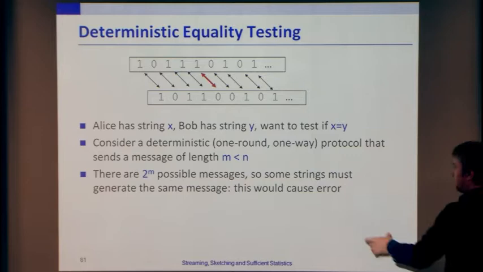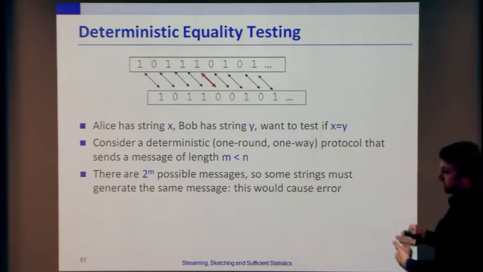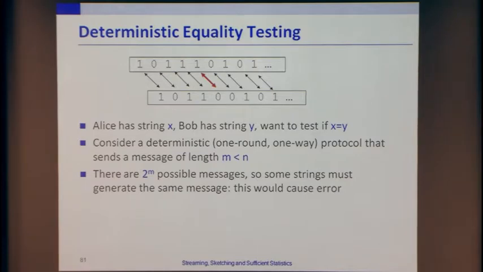There'll be some strings x that generate the same message, which will necessarily cause an error, because Bob might have the same string as one of them, and looking at that message, he can't tell whether Alice has the same string or a different string.